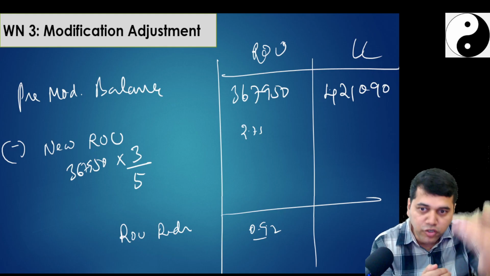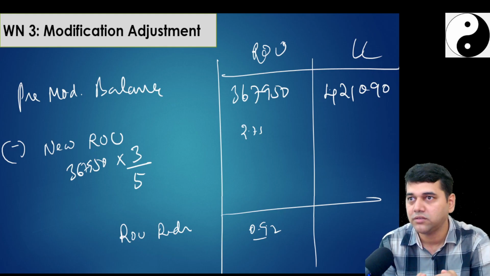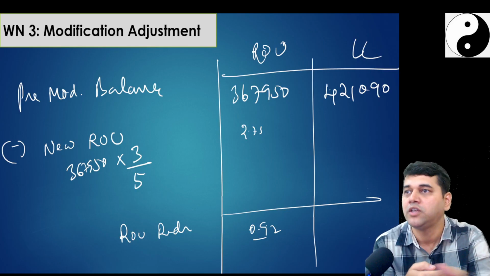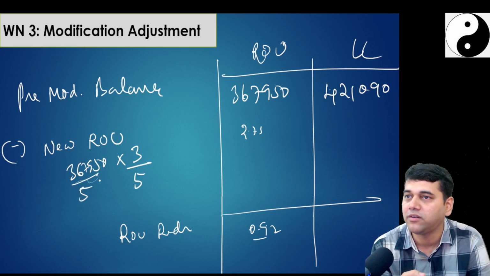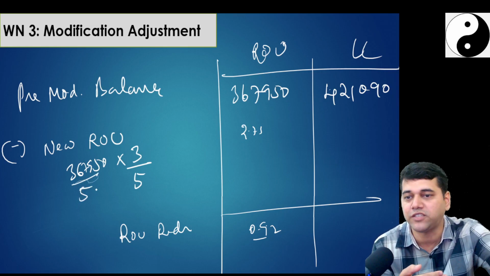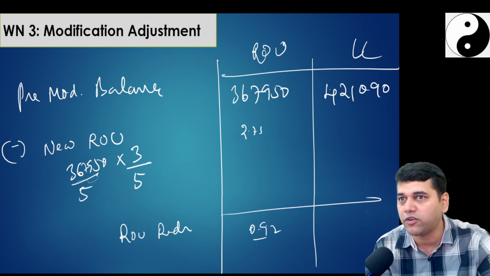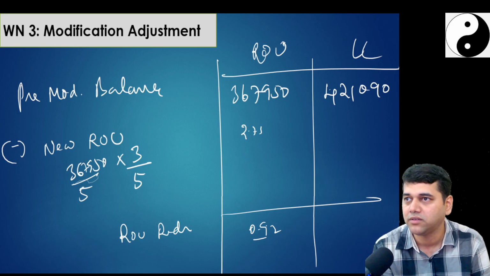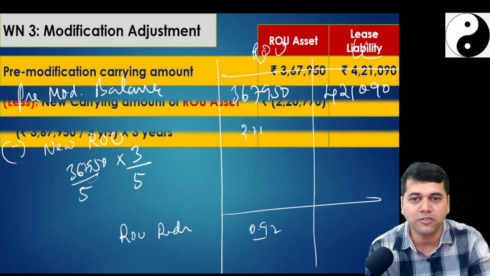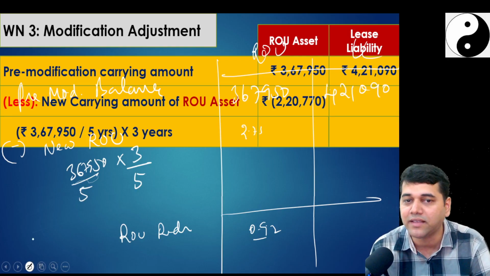The life got reduced by 2 years. So, what is my balance for the next 3 years? This is depreciation per year. This is the going forward balance now. 3,67,950 divided by 5 gives you the yearly figure. So, you keep only 3 years of depreciation. Understood? So, this balance becomes 2,20,770.